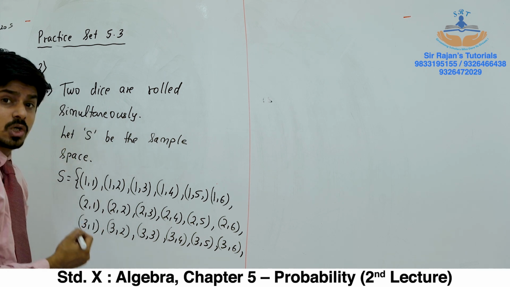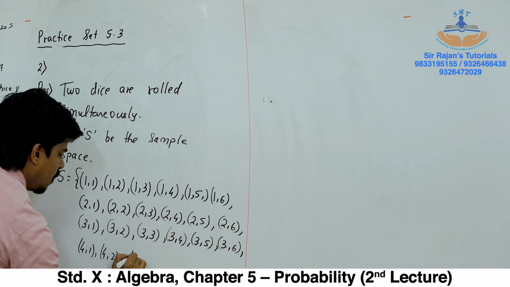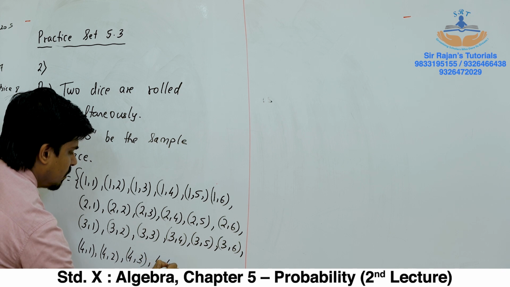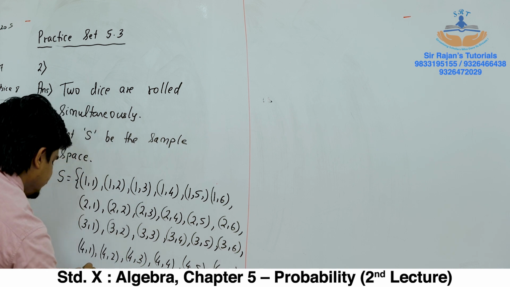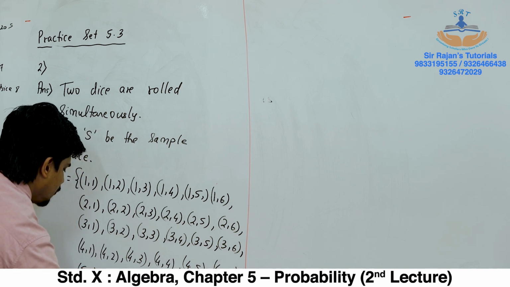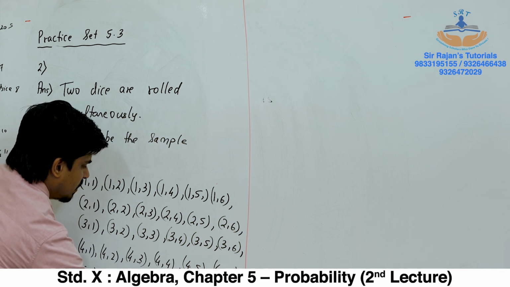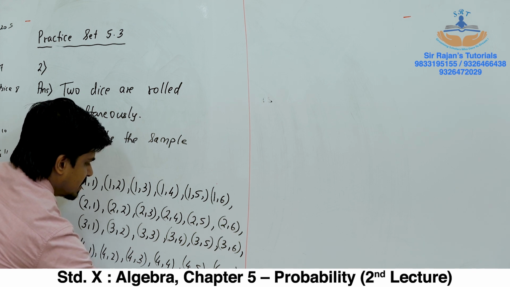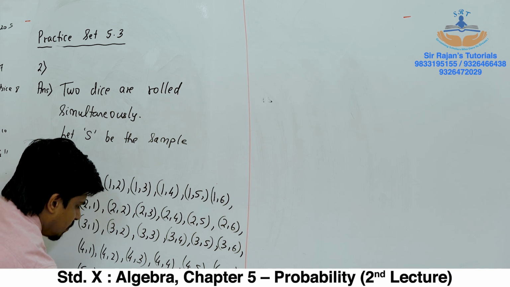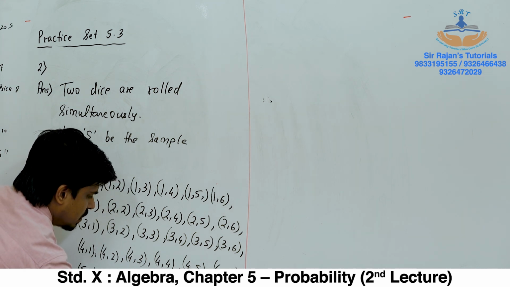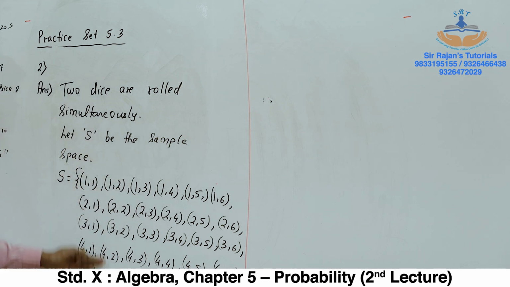You cannot put a dot dot dot over here. Okay, 4,1, 4,2, 4,3, 4,4, 4,5, 4,6, then 5,1, 5,2, 5,3, 5,4, 5,5, 5,6, and the last row 6,1, 6,2, 6,3, 6,4, 6,5 and 6,6. ये आपके 36 एलिमेंट्स हो गए.